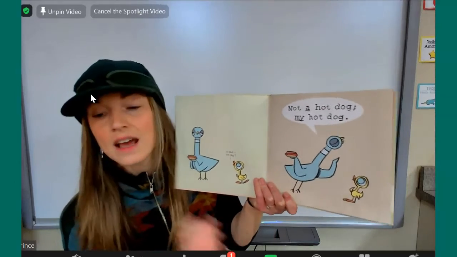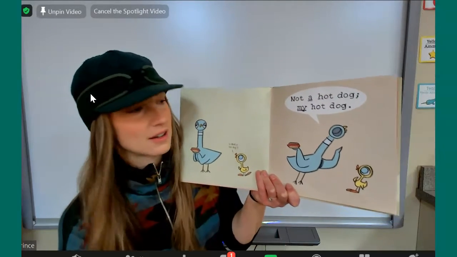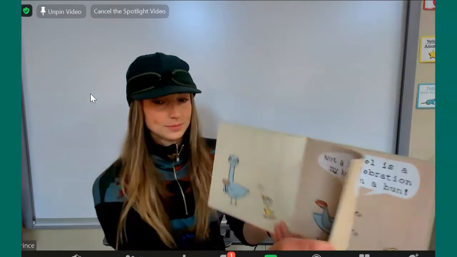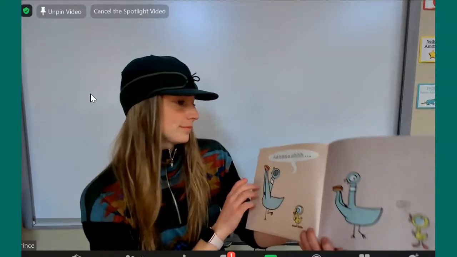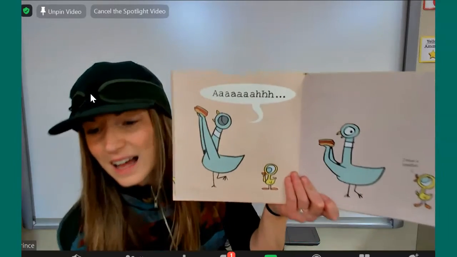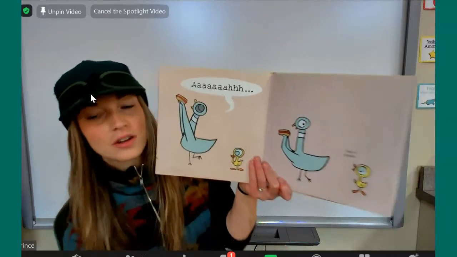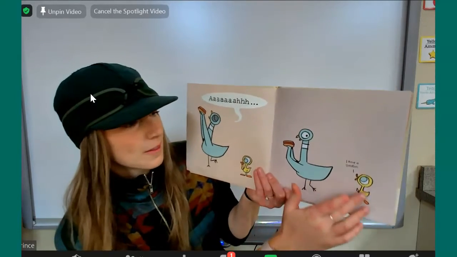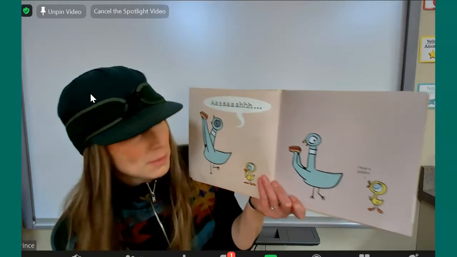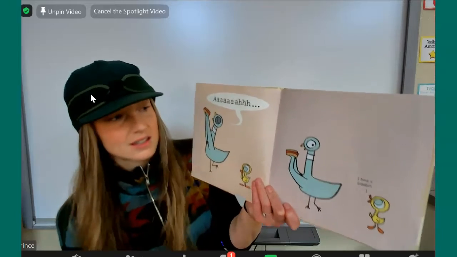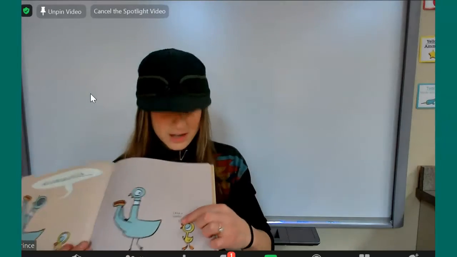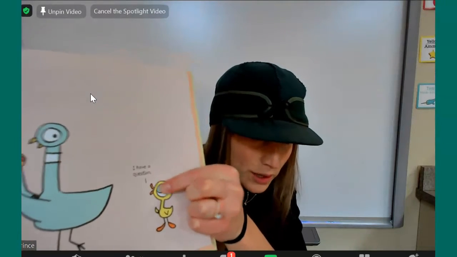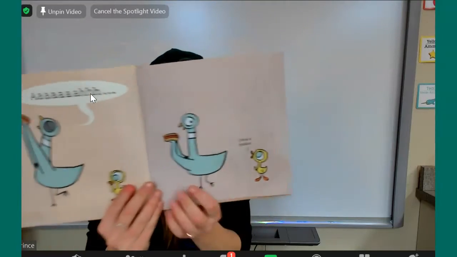Pigeon says, "Not a hot dog, my hot dog." So you can see here, we have a speech bubble. The duckling doesn't have a speech bubble, but we know that that's what the duckling is saying because of the little line right here. It's pointing to the duckling, so the duckling is the one saying that.